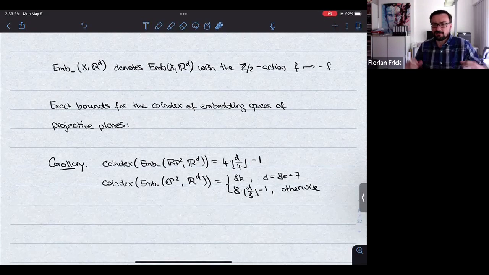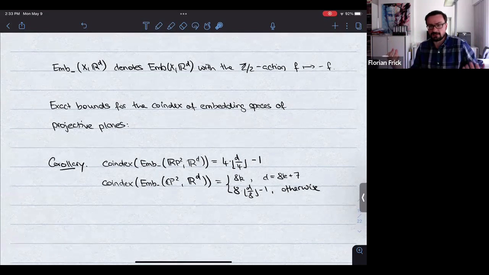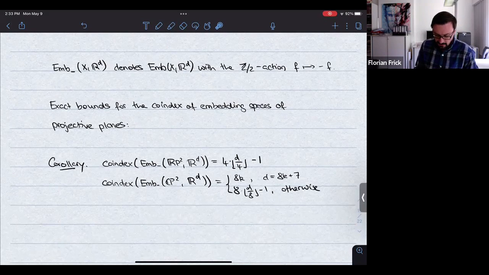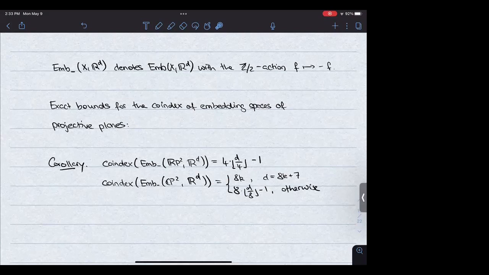That shouldn't surprise you, because you fix your favorite embedding and send it around by symmetries of R^4, which you might think of as quaternions, and unit quaternions give you all kinds of embeddings. And similarly for CP^2, we can prove exact bounds in all dimensions. I'm sorry, can I ask you something? I'm getting confused here. What is coindex on this slide?